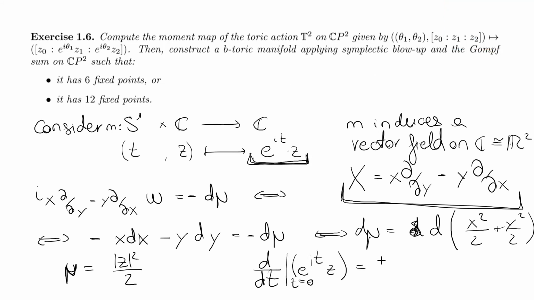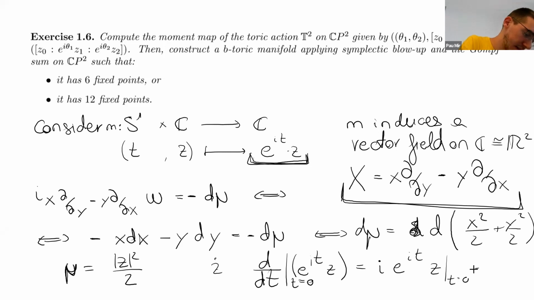As if you were going to compute the infinitesimal generator, what you obtain here at t equal to 0 is exactly z.